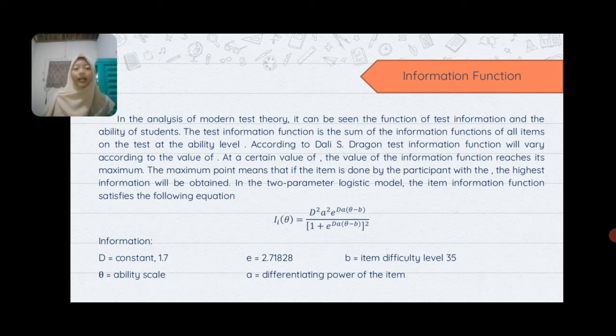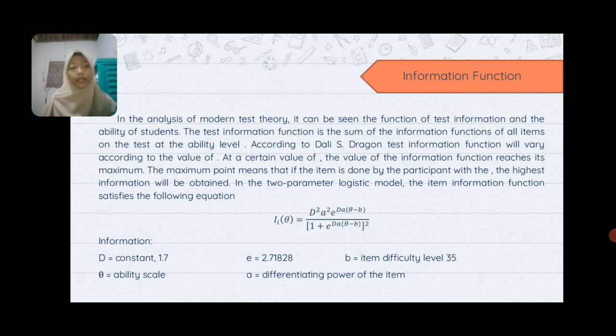That is, I(theta) equals D squared times a squared times e to the power D a (theta minus b), over the square of 1 plus e to the power D a (theta minus b).